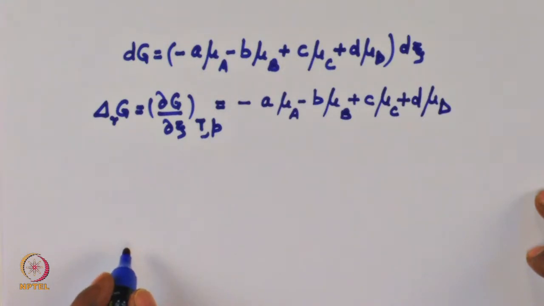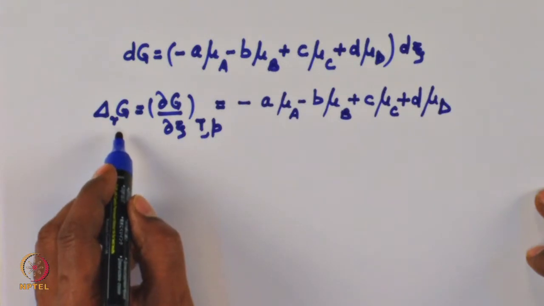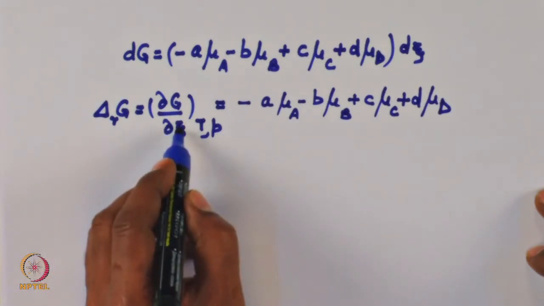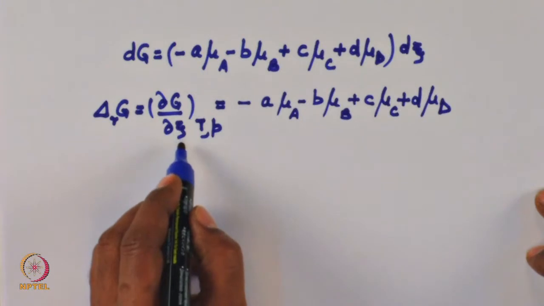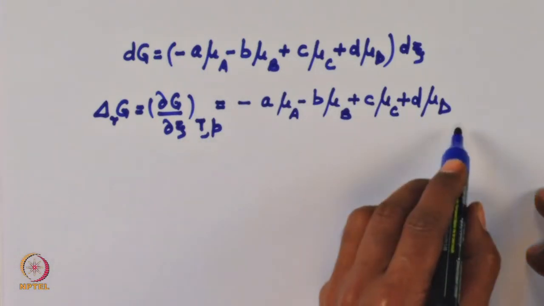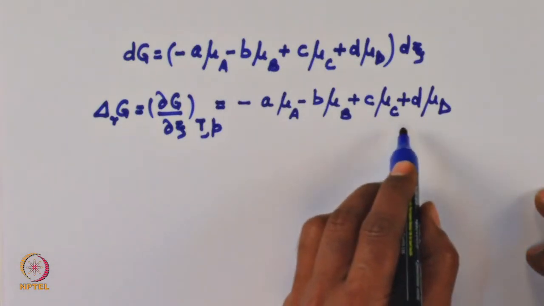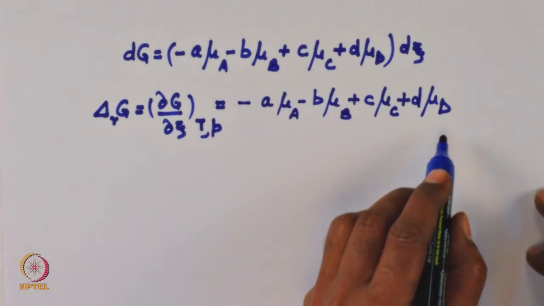So, we have been able to express the reaction Gibbs energy, which is the slope of the Gibbs energy versus extent of reaction, in terms of chemical potentials, and these chemical potentials are weighted by their stoichiometric numbers.